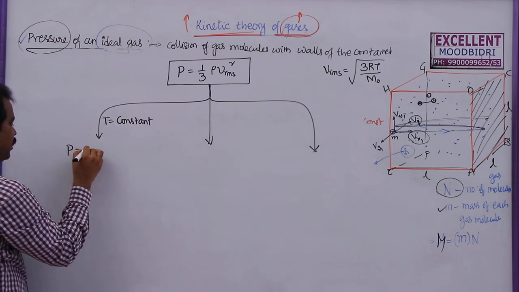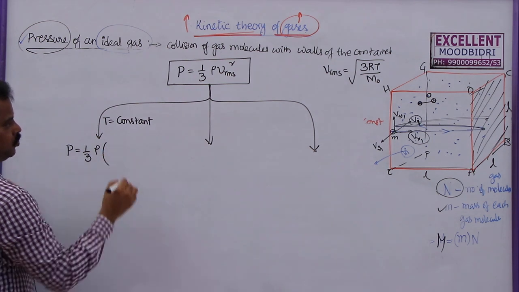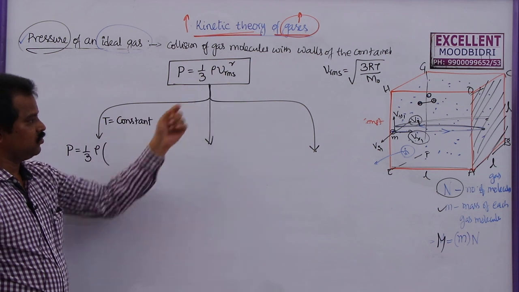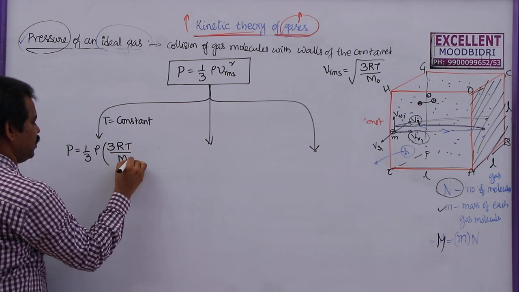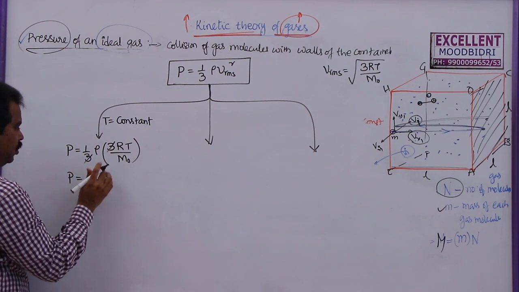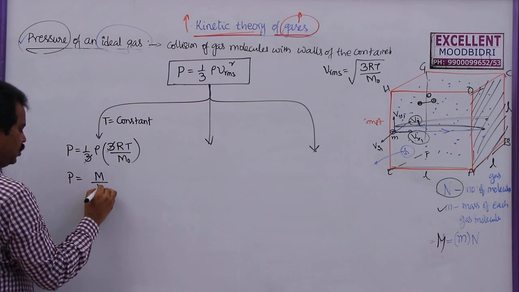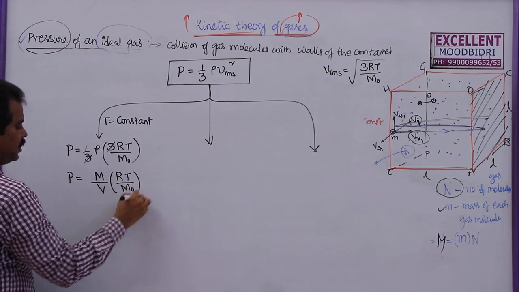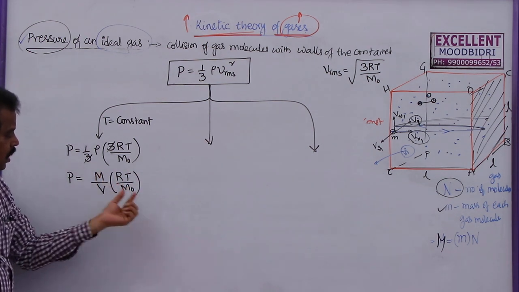Vrms square will become 3RT by m naught. The 3 gets cancelled. Pressure is equal to total mass of the gas by total volume into RT by m naught. Remember, this is the total mass of the gas, and this is the molecular weight; both are not the same.